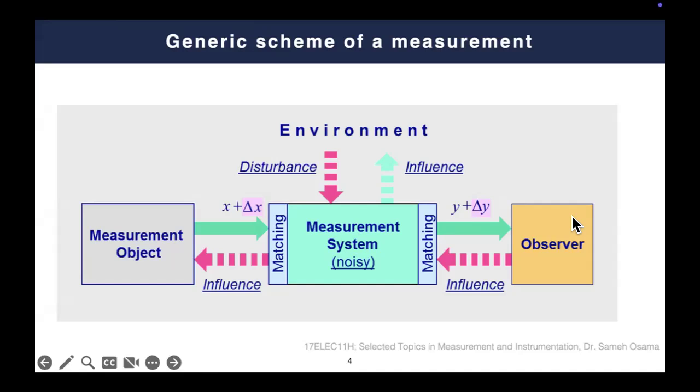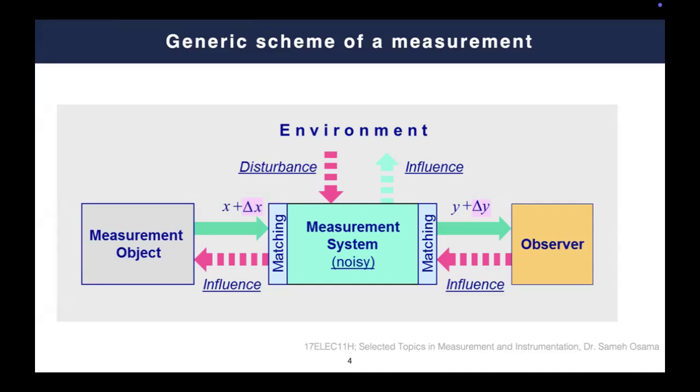So, for example, if I'm using a sensor that is not calibrated, then you will get a reading. Here you can find this delta Y, which we are going to describe in a very detailed manner in the coming slides. This delta Y will appear due to a certain error. So I am an observer. I will be impacted by a reading which is not correct because simply there is some sort of error or it's not a calibrated sensor.